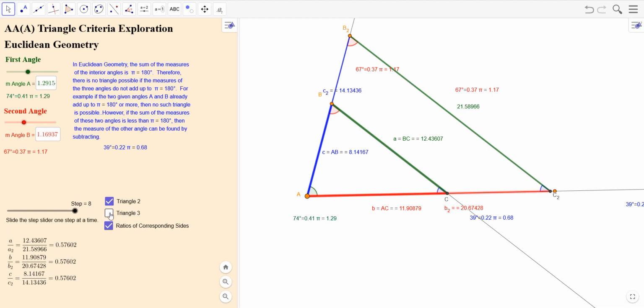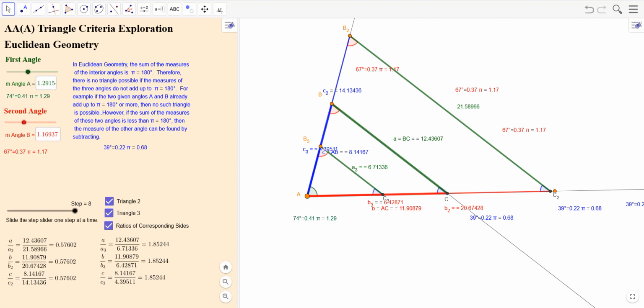Now that may be a different number for a different triangle. But those sides are in proportion. So we have proportional side lengths and congruent angles.